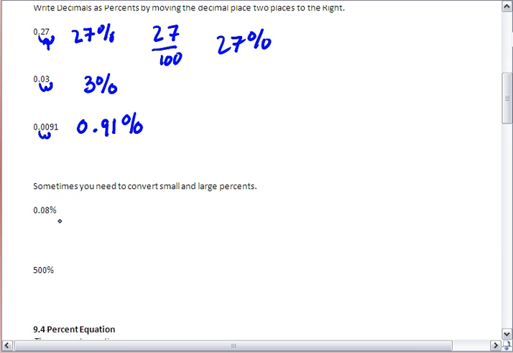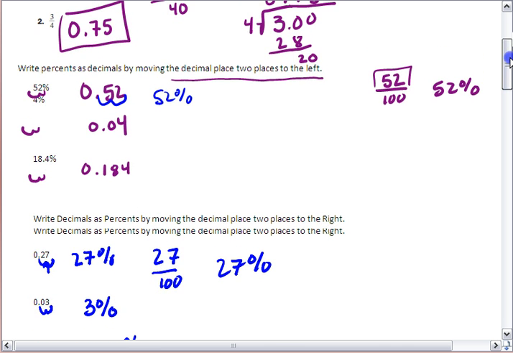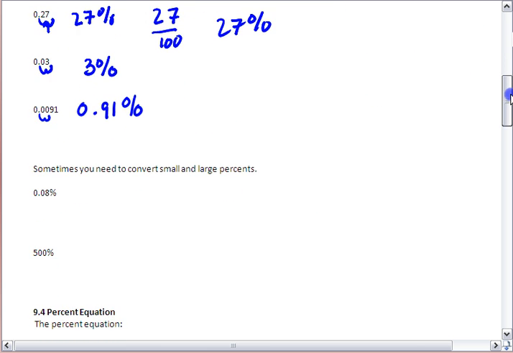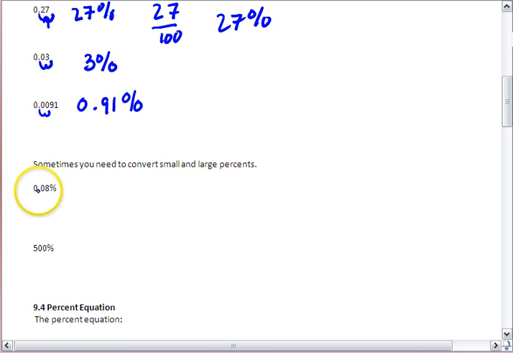Again, remember the rule that when you're turning a percent into a decimal, you move the decimal place 2 places to the left. So I have a percent, I'm going to move 2 places to the left, and I get 0.00008. Because what this really was 0.08 over 100.